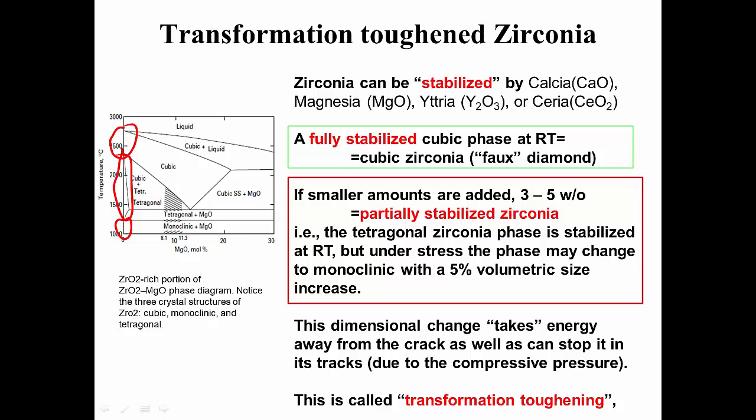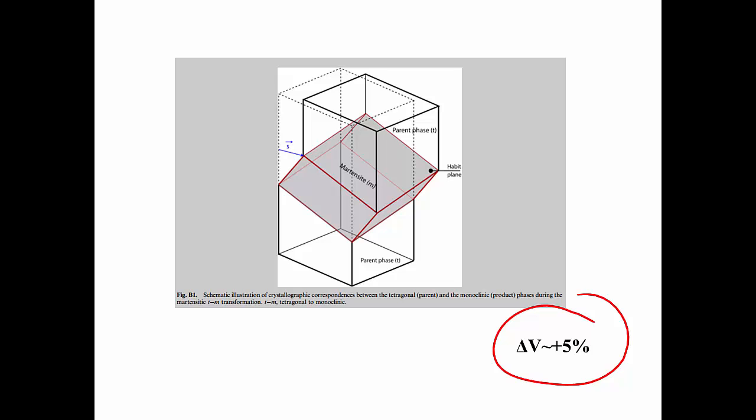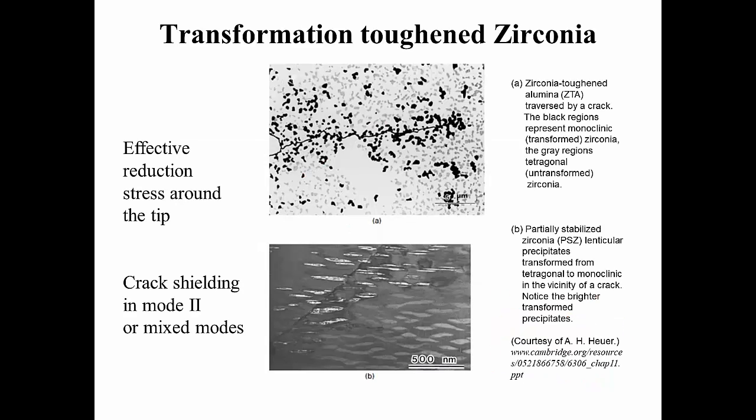Usually the explanation is that the transformation takes energy, and that is what increases the fracture toughness, which is sort of true, but more importantly, it is the change in volume that plays a big role, because it adds a compressive pressure in front of the crack tip, and that reduces the stresses in terms of their tensile magnitude in that area.